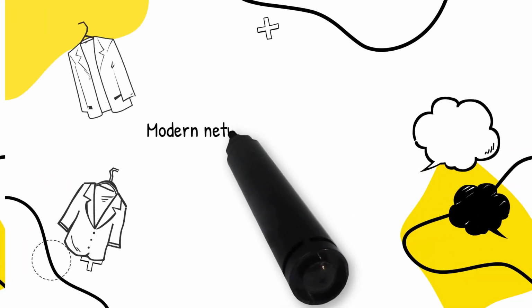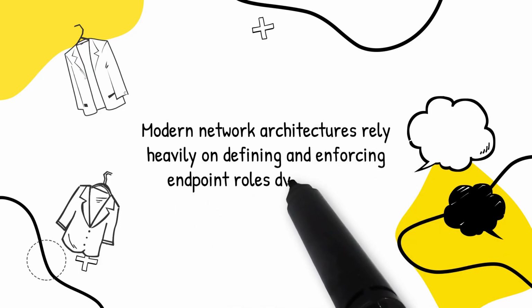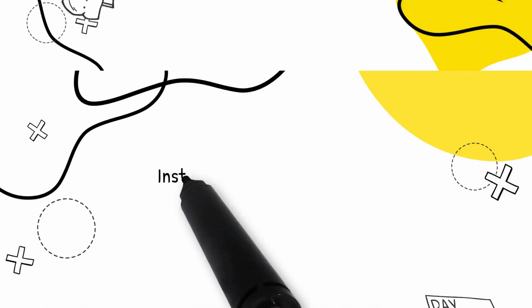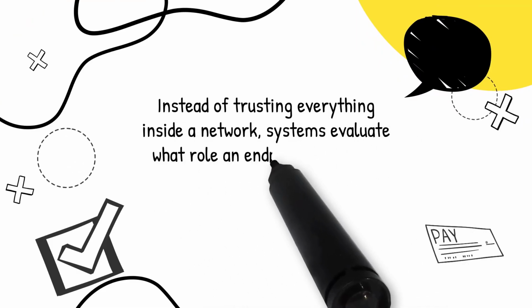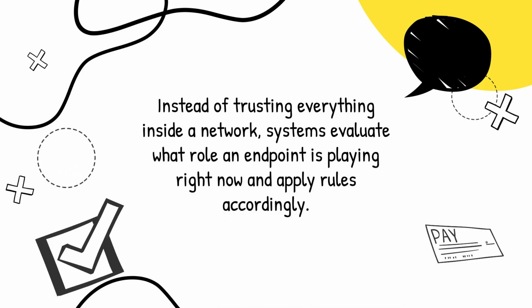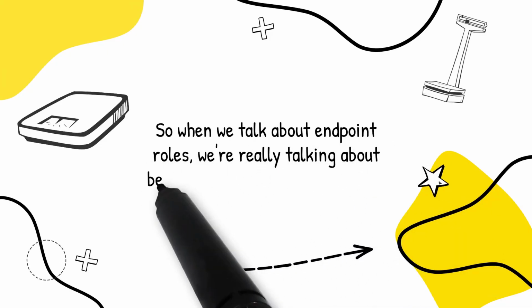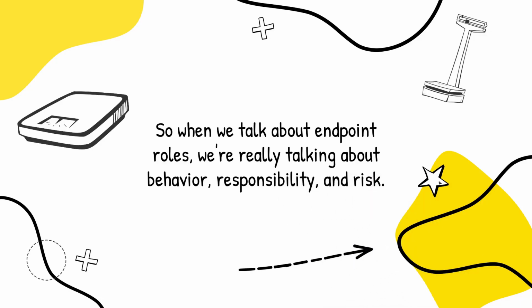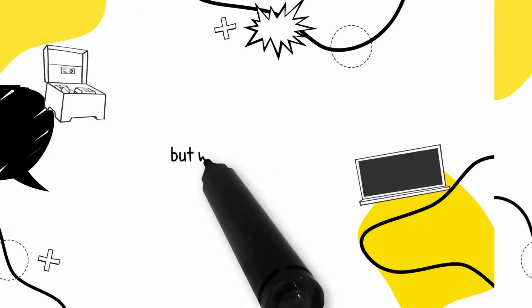Modern network architectures rely heavily on defining and enforcing endpoint roles dynamically. Instead of trusting everything inside a network, systems evaluate what role an endpoint is playing right now and apply rules accordingly. So when we talk about endpoint roles, we're really talking about behavior, responsibility, and risk.